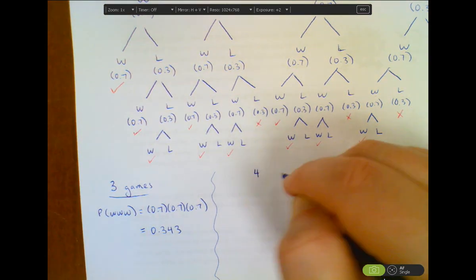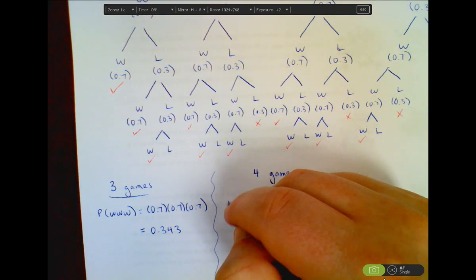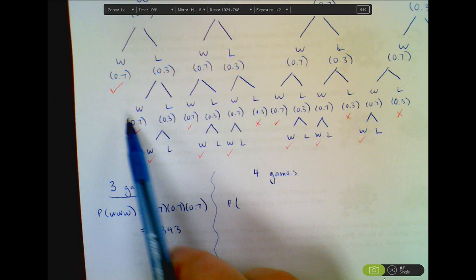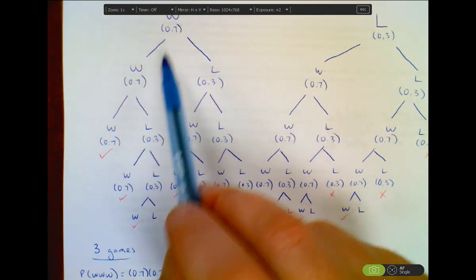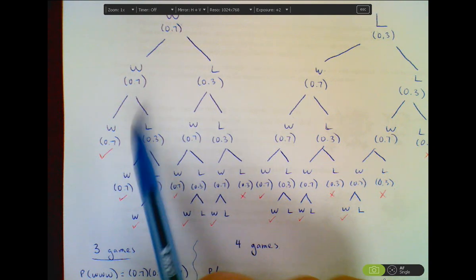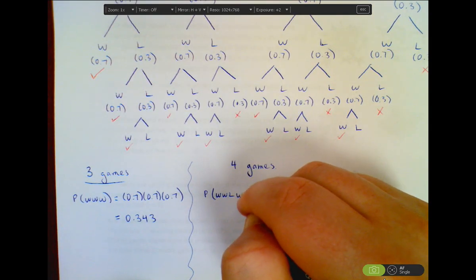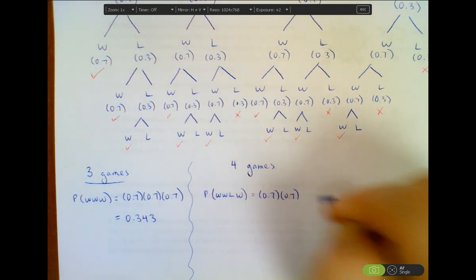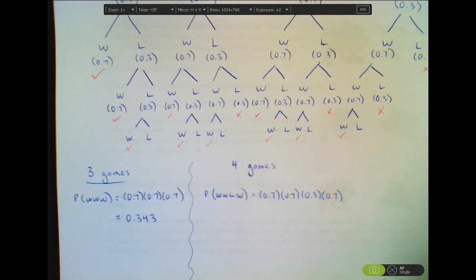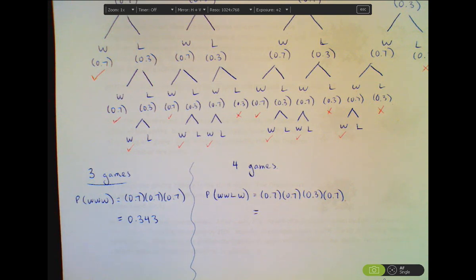Let's look at the probabilities of them winning in 4 games. So the first option for winning in 4 games was win, loss, win. That'd be 0.7 times 0.7 times 0.3 times 0.7. Can do that calculation.